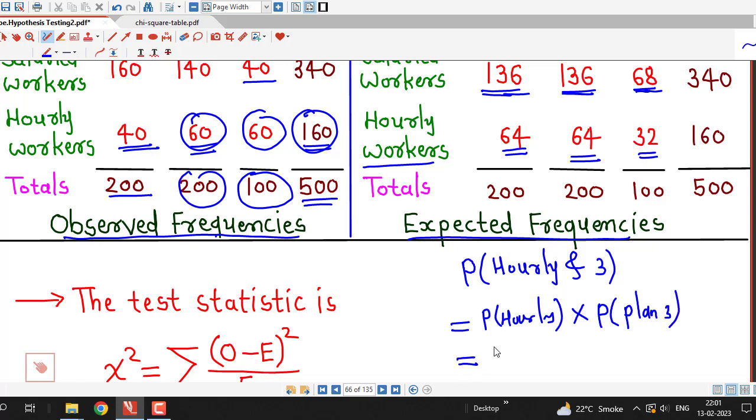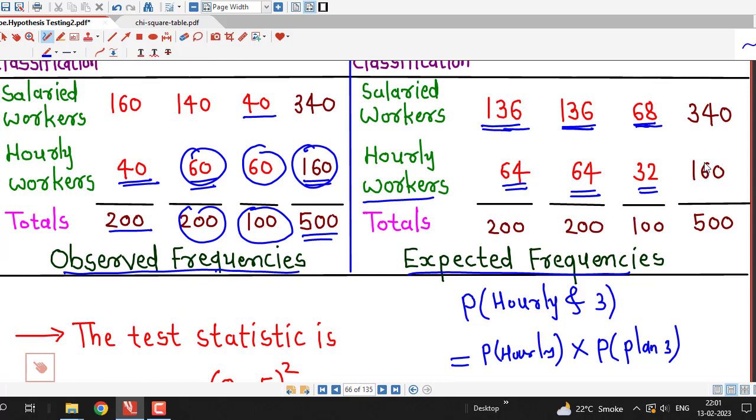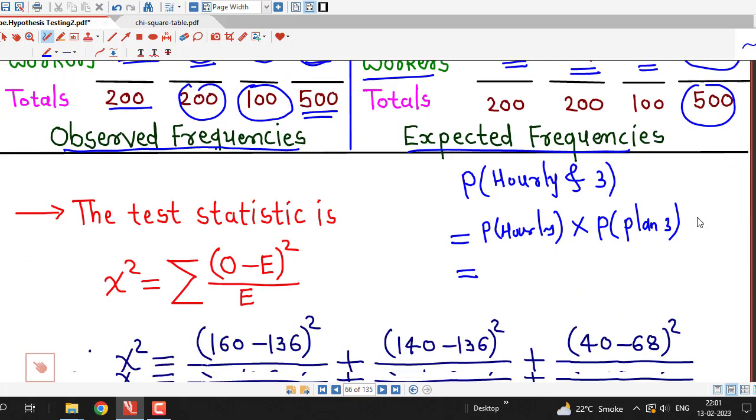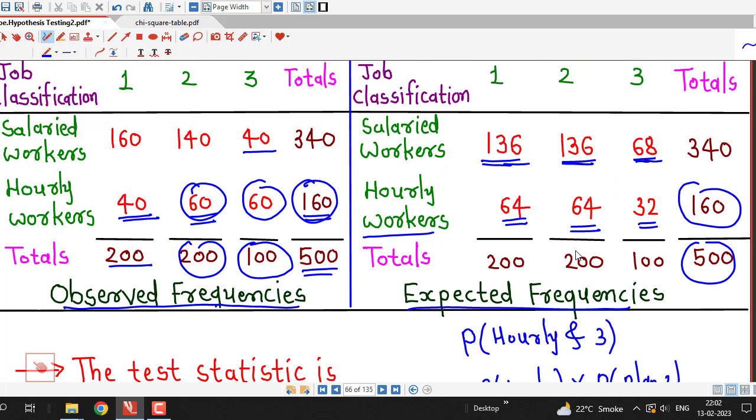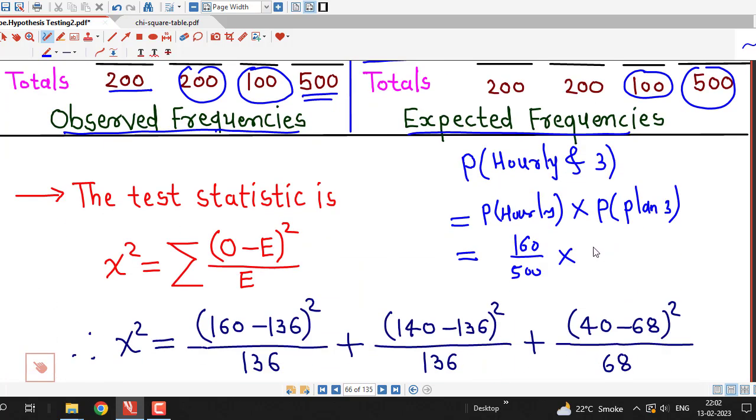Now what is the probability of hourly workers? The total number of hourly workers is 160, so that is 160 divided by 500, and the number of workers interested in pension plan 3 is 100 out of 500.